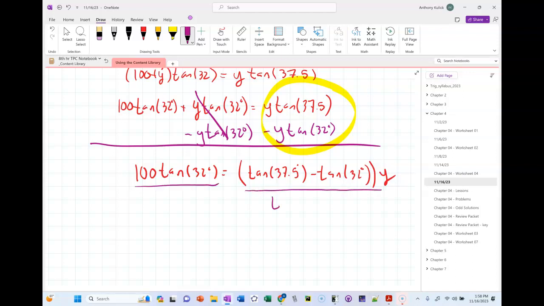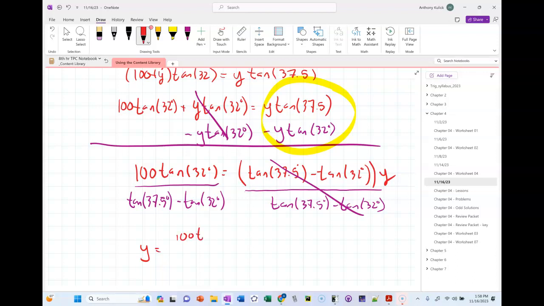That giant thing. Perfect. Excellent description. So y equals 100 tan 32 divided by tan 37.5 minus tan 32.